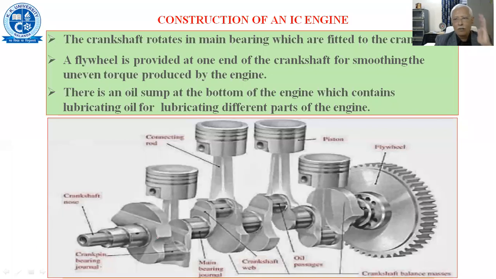If you number from your left, this is the first cylinder, then 2, 3, and 4. These are the four. So 2, 3, and 1, 4. This is the firing order. In two cylinders, firing occurs simultaneously, the power process.